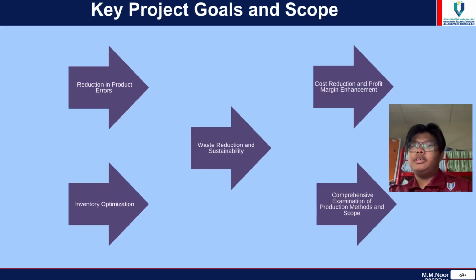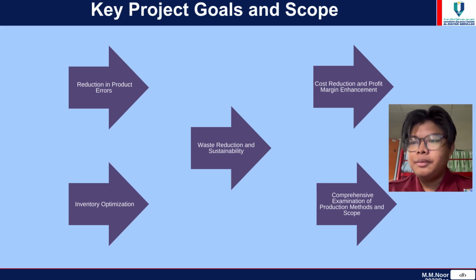So our key project goals and scope are to reduce product errors, optimize our inventory, reduce waste, improve our profit margin, and include a comprehensive examination of production methods and scope.